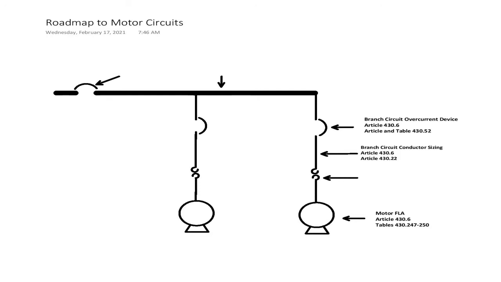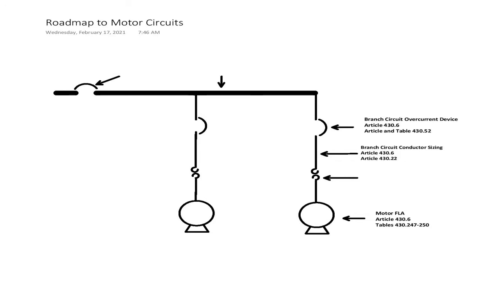And in 430.22, we find that we have to increase the circuit conductor's ampacity to 125% of the table FLA for that individual motor. Now, this is for just one motor, not a feeder supplying multiple motors, just one motor. So this would be a branch circuit conductor. We increase the conductor's ampacity from the table FLA to 125% of the table FLA.